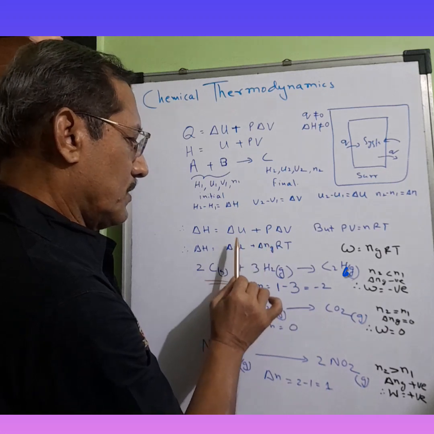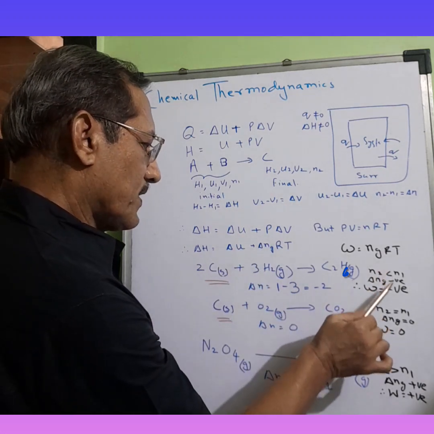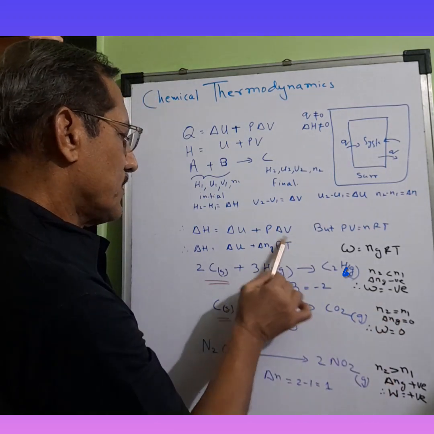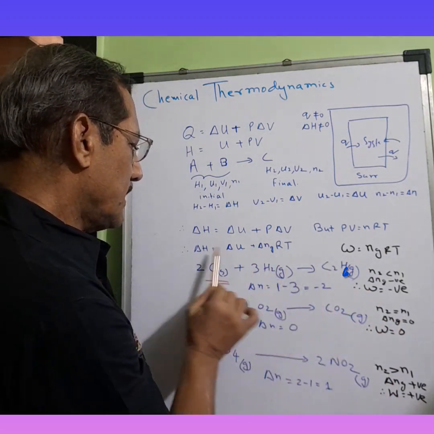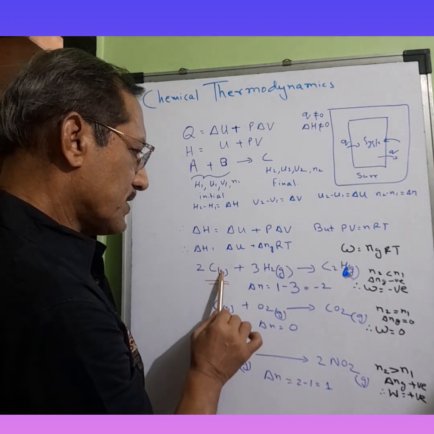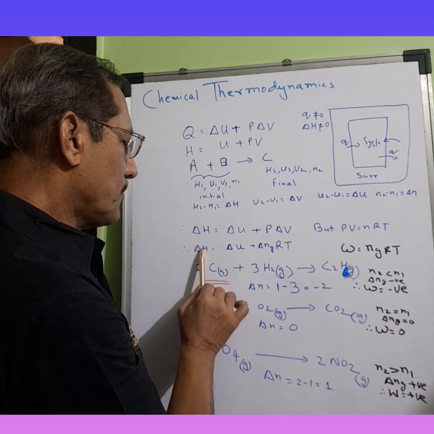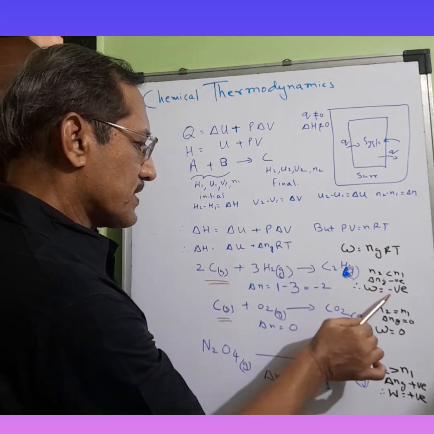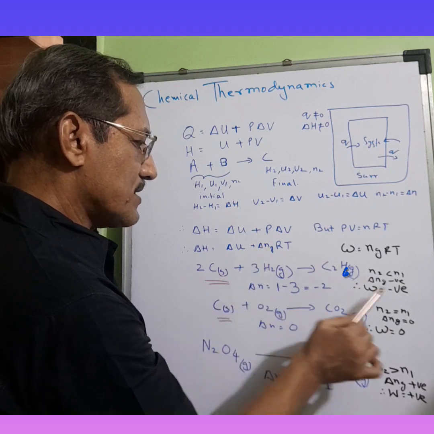Why? From del U we would be subtracting that value. If del Ng is 0, then this parameter would disappear totally and del H would be equal to del U. So in the first reaction we would find del H is lesser than del U because this value is subtracted, as del Ng is negative.